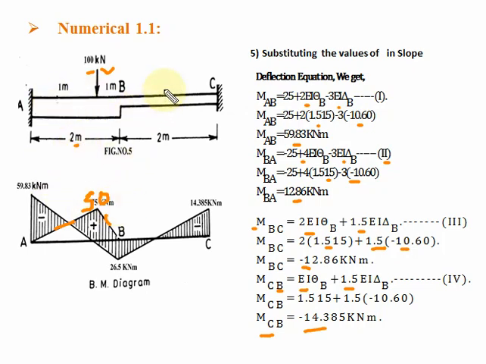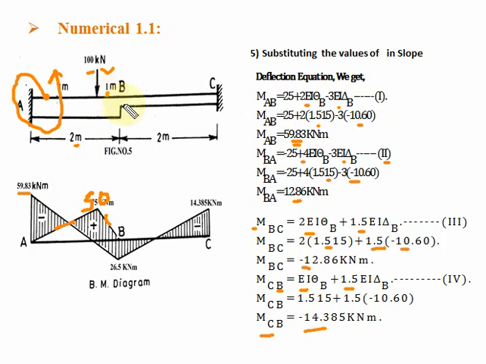Now show the end moments. The first end moment is 59.83, positive. So keep the pen close to A and rotate in the anti-clockwise direction. It cuts the member and comes up, showing 59.83 kilonewton meter.